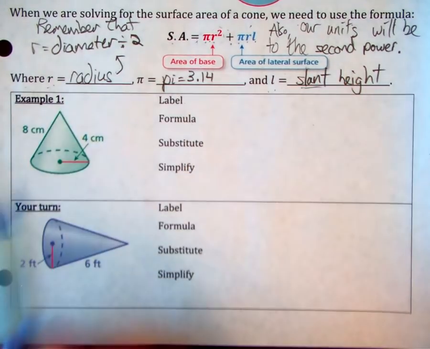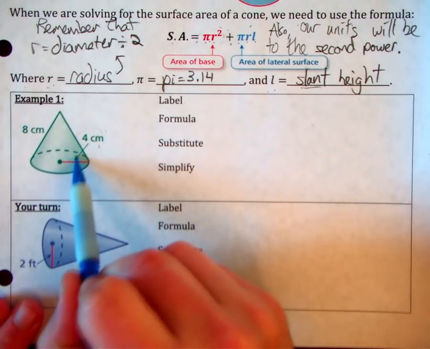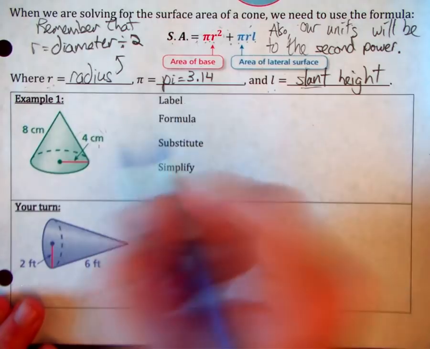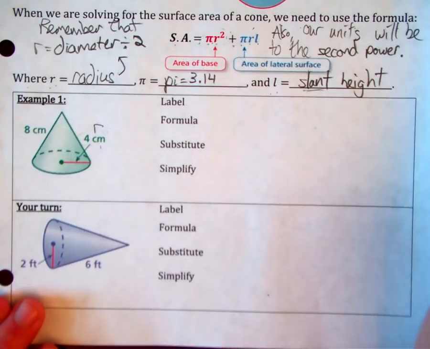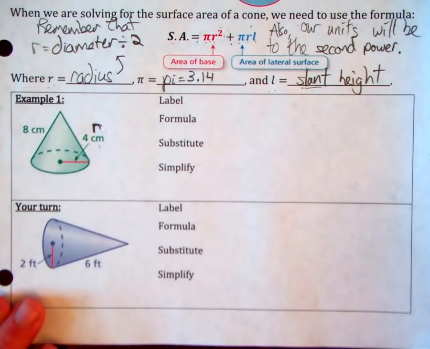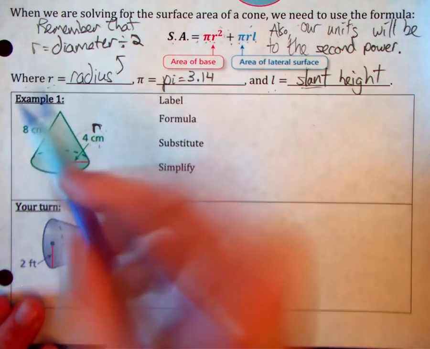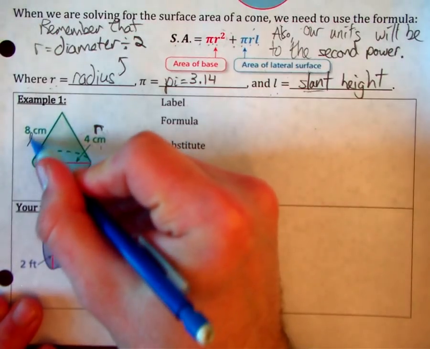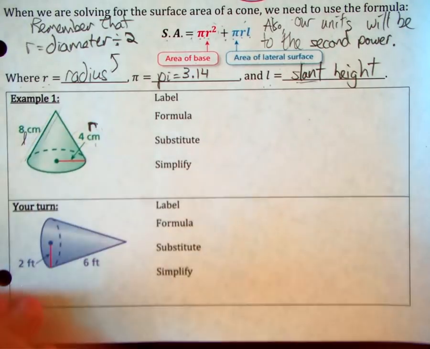All right, so let's see. It's saying that this 4 centimeters is directly pointing to that little red line right there. So what do you think that's going to be? Well, that's going to be our radius R, and then our slant height is going to be L. And that's that 8 centimeters.